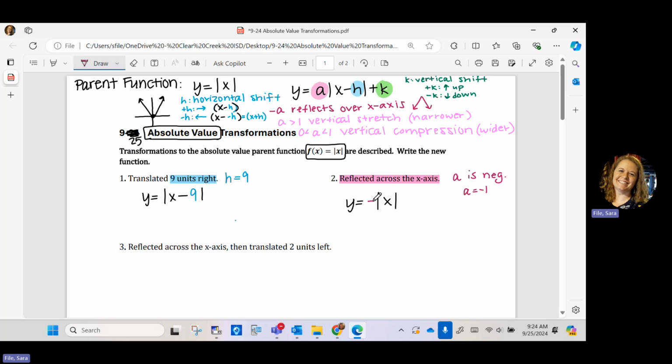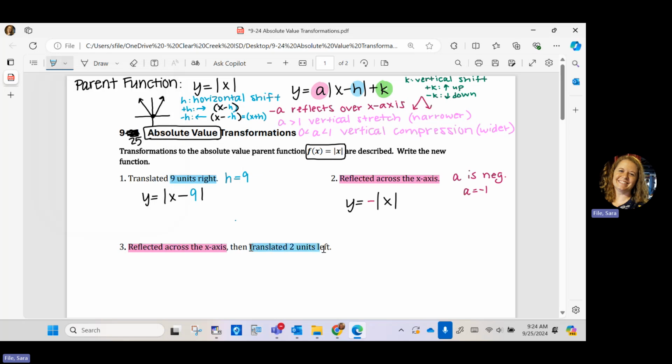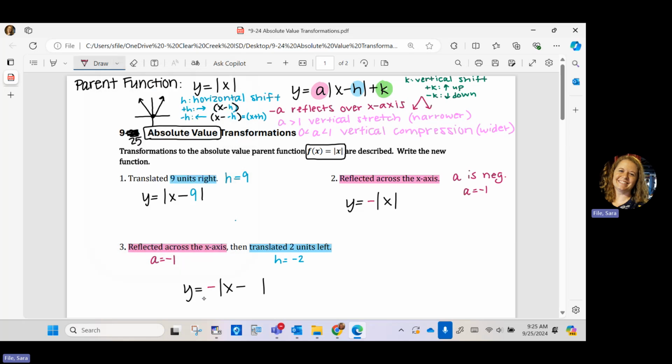Okay, number 3, they have multiple transformations. They have reflected across the x-axis, so that tells me a is negative, and they have that it's translated 2 units to the left. So that's a horizontal shift. So we have that a is -1 again, and we have that h, left means negative, so left 2, so h is -2. But when I go to plug that into my equation, I put the negative in front for the a, and then I plug in the h is -2.